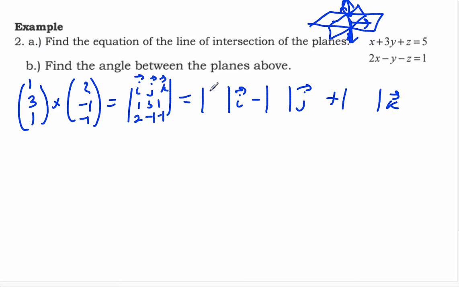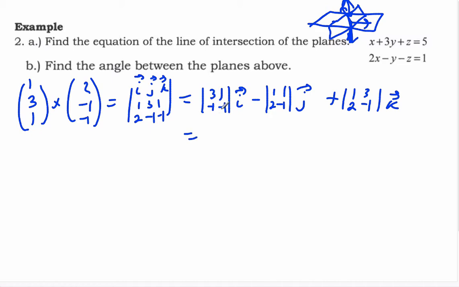Let me just make sure this one's correct. This one is not correct. I messed up that one. Alright, so that was supposed to be 1, 2, 1, -1.